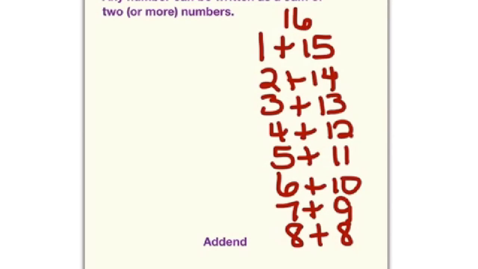Every single number that we have here in these addition problems is called an addend. Okay? The numbers in an addition problem are called addends. So every single one of them is an addend. When we say that a number can be represented in another way, such as 16 being represented in one of these ways, that is just like speaking in a different language.